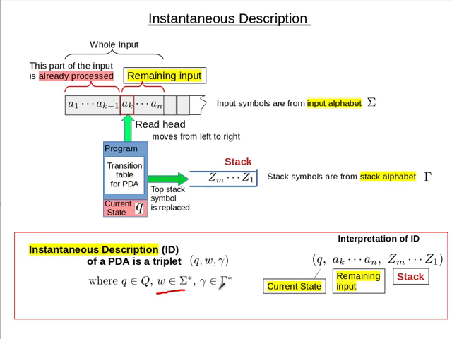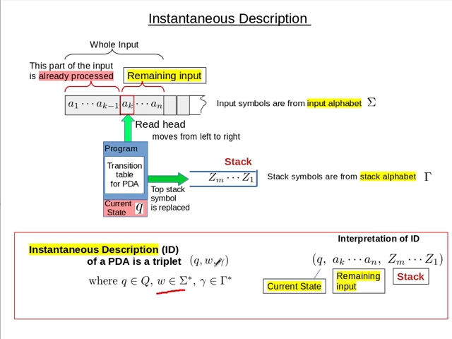So this is a string over capital gamma star. These three things are used to describe the current configuration, and we call it the instantaneous description of the PDA, ID in short. So the ID of a PDA is some triplet Q, W, gamma, where Q is from capital Q, W is some string in sigma star, and gamma is from capital gamma star.